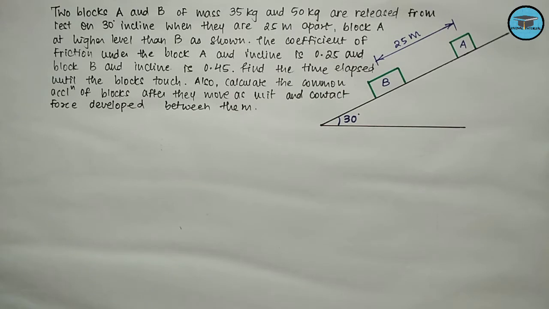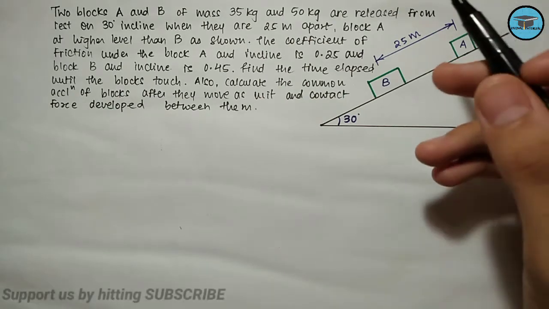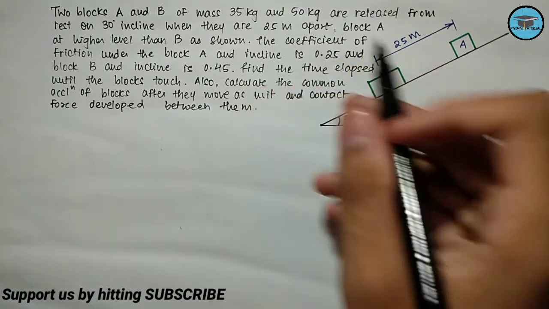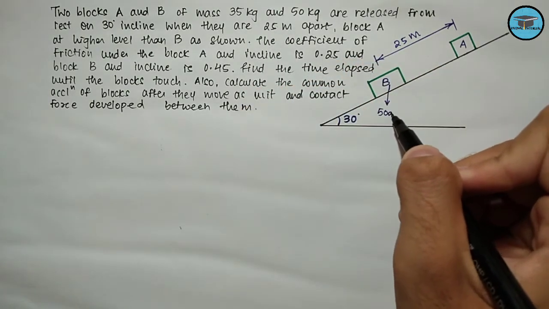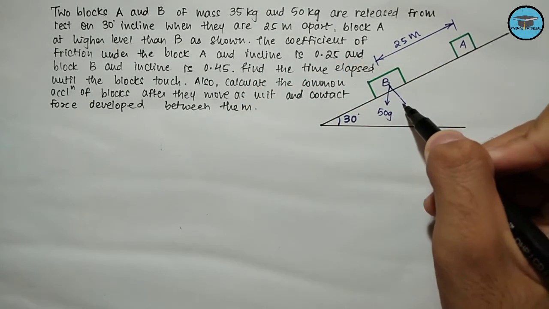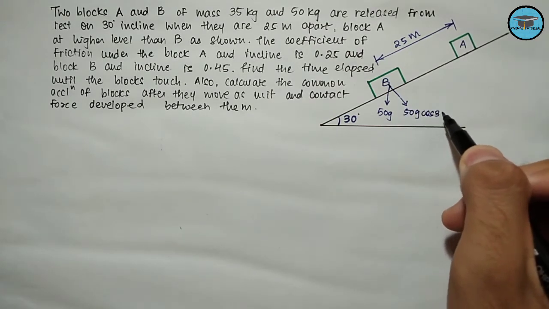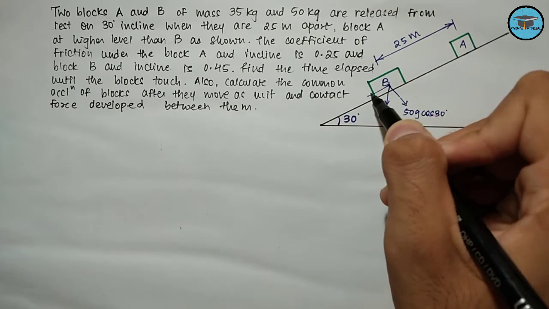Okay, so for solving this, let us draw the free body diagrams of each individual block. The weight would be acting in the downward direction, that is 50g. This would be 50g cos 30, and this would be 50g sin 30.